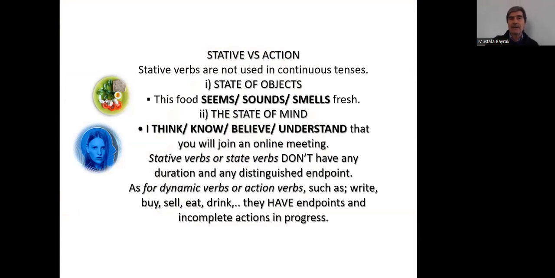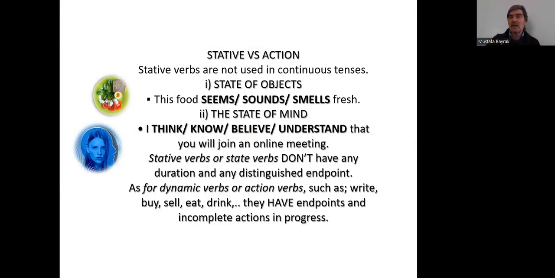Let's remember it again. Stative versus action. State versus dynamism is also possible. Stative verbs are not used in continuous tenses. Problem number 1: they express the state of objects.